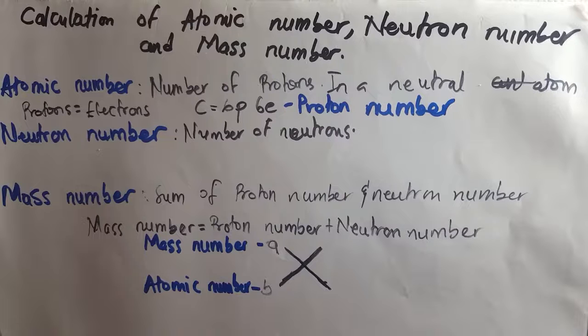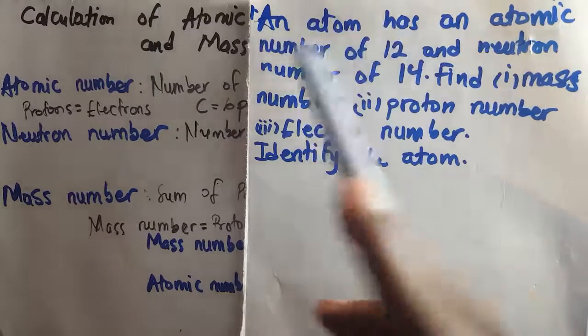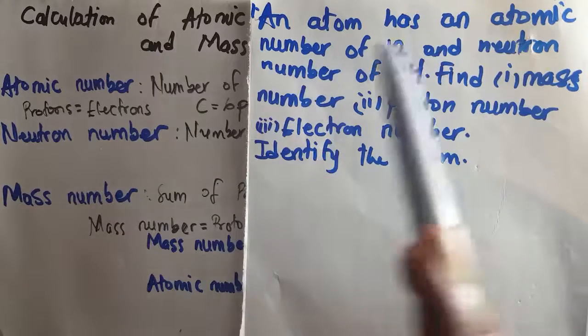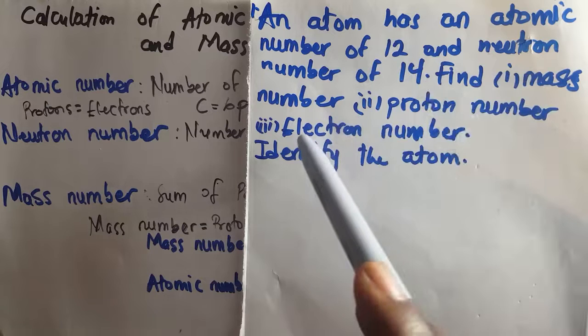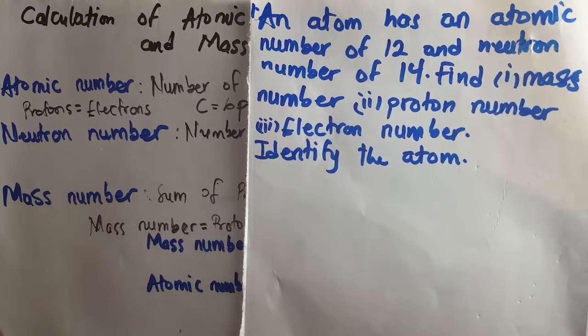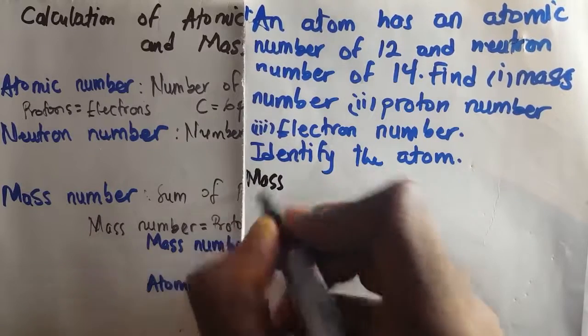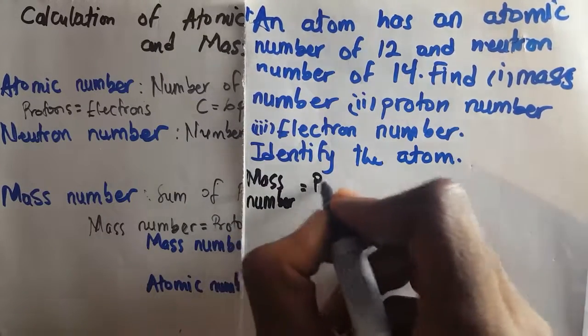Now, the next thing we are going to do is look at some questions. We have a question here. An atom has an atomic number of 12 and neutron number of 14. Find I, the mass number, II, proton number, III, electron number. Then the next one is identify the atom. So let's begin. We've been asked to find the mass number, so we state the formula: mass number is equal to proton number.